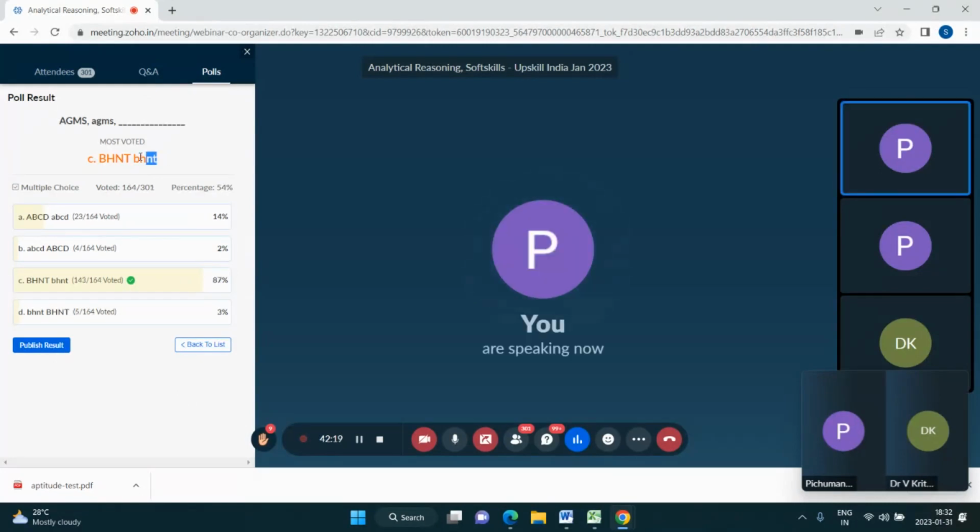C, BHNT. It means you could find out the relation between every character in each of the items mentioned here. Very good.